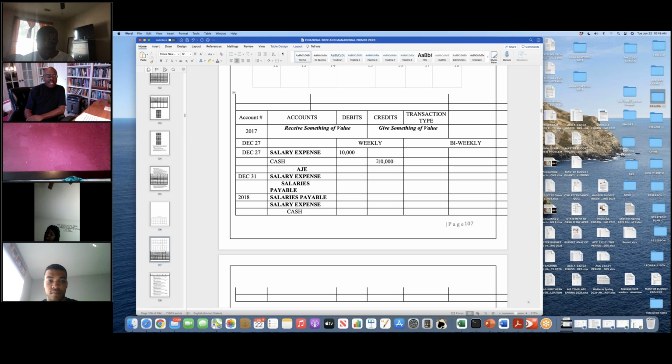So how much are we paying them a day? $2,000. How many days did they work that we need to accrue for? 2 days, at $2,000 a day. So this becomes what? 4,000. Well, we want to recognize the expense in 2017.